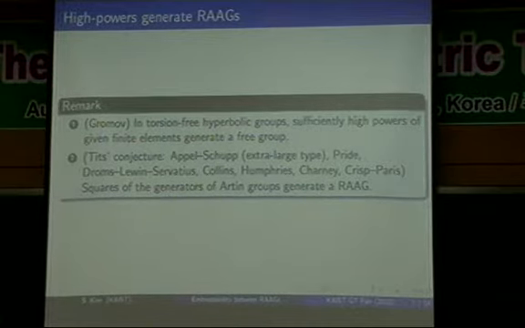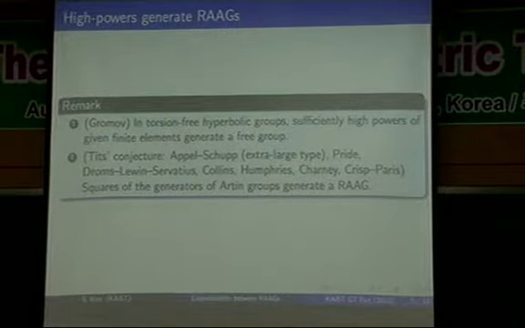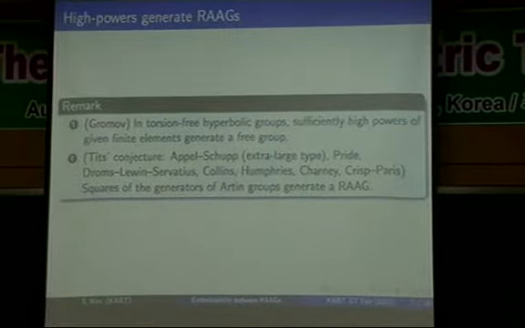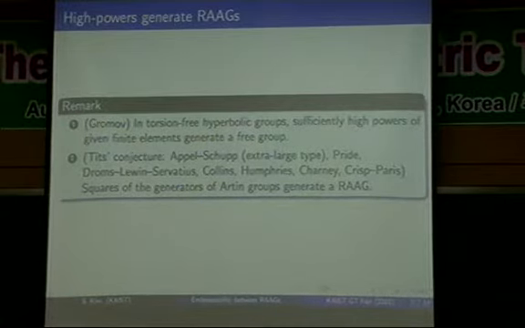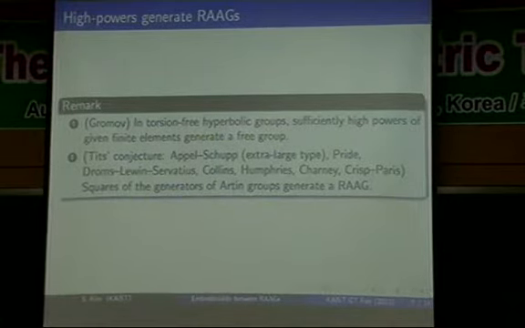It has been proved by this list of people, and completely proved by Crisp. It is not always true, but there's a philosophy: if you have a certain group and consider sufficiently large powers of generators of a finite subgroup, is it a Widen-Artin group or not?